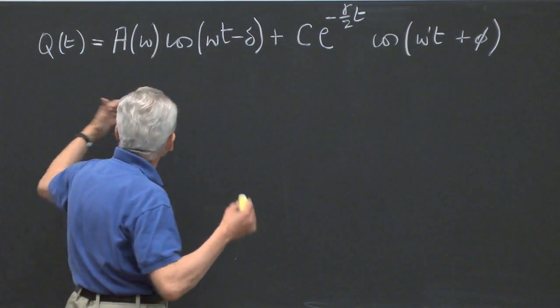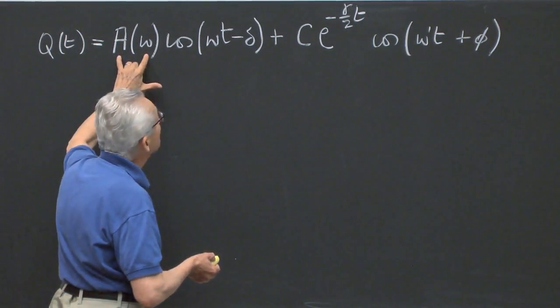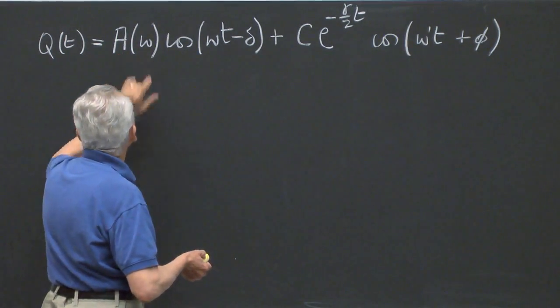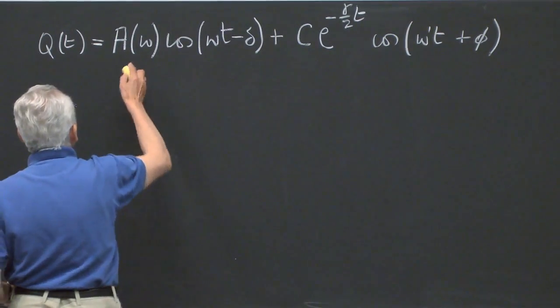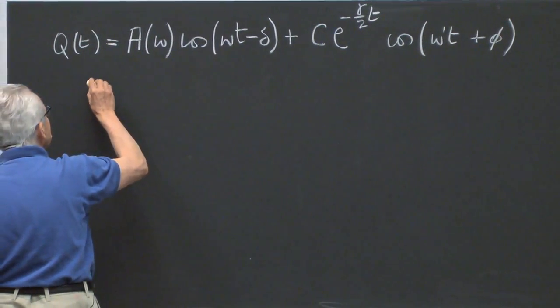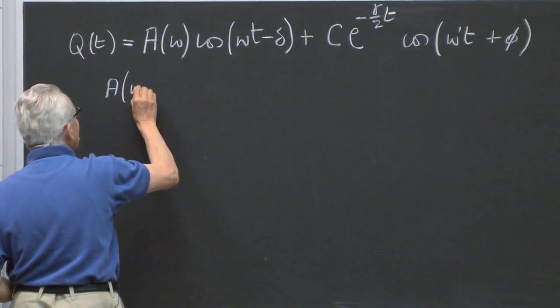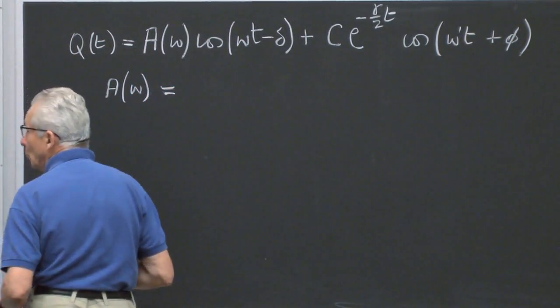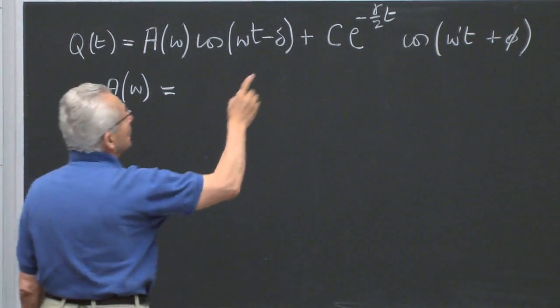And as I'm repeating myself, A of omega will be equal to F. And what is F?